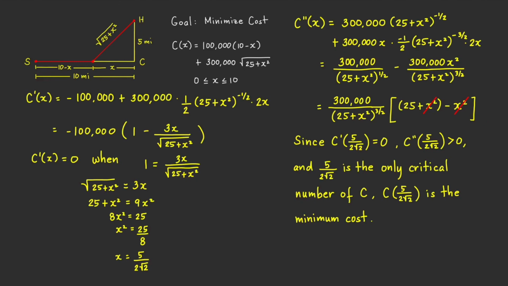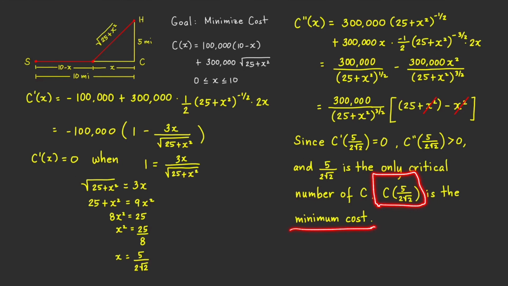Since the first derivative at this critical number is equal to 0 and the second derivative is positive, by the second derivative test we have a local minimum. But since this is the only critical number of the function, this local minimum is an absolute minimum. Therefore, this function value is the minimum cost.